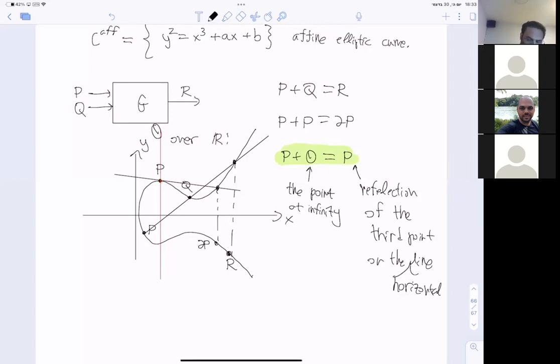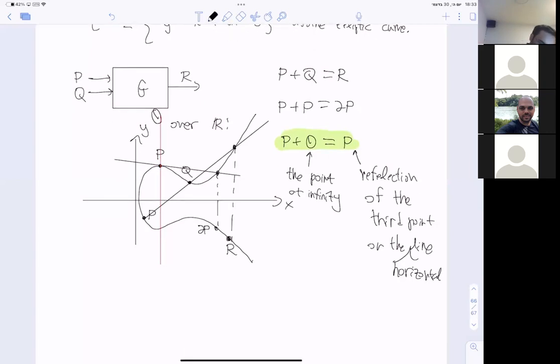So from now you see that for the inverse of P, if P is for example (XP, YP), then minus P will be the same XP but with minus YP.